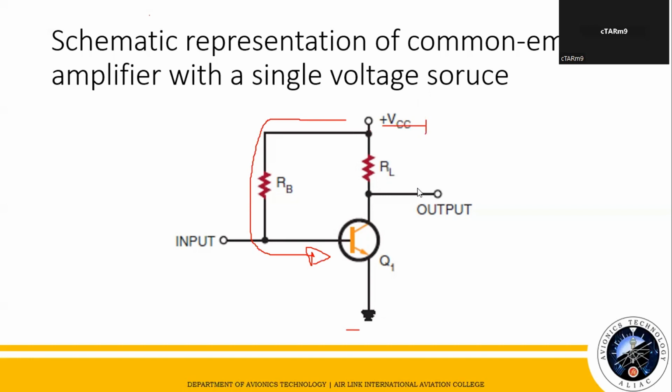Base emitter. And syempre, same as that, base collector. Base collector, proper biasing. So the two resistors, RB and RL, are used to distribute the voltage for proper operation.